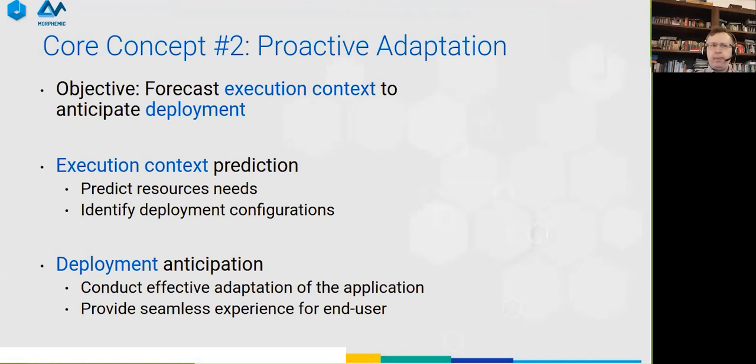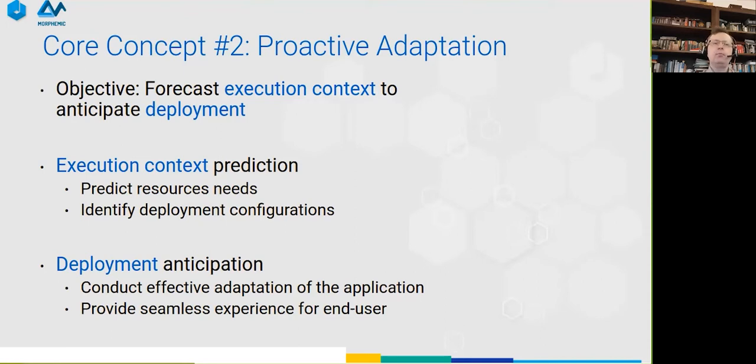What does it mean? In standard adaptation, Melodic is reactive. So based on the values of the metrics, how long it takes to process the user request or to process a given job, Melodic adds or removes resources, but it is proactive.